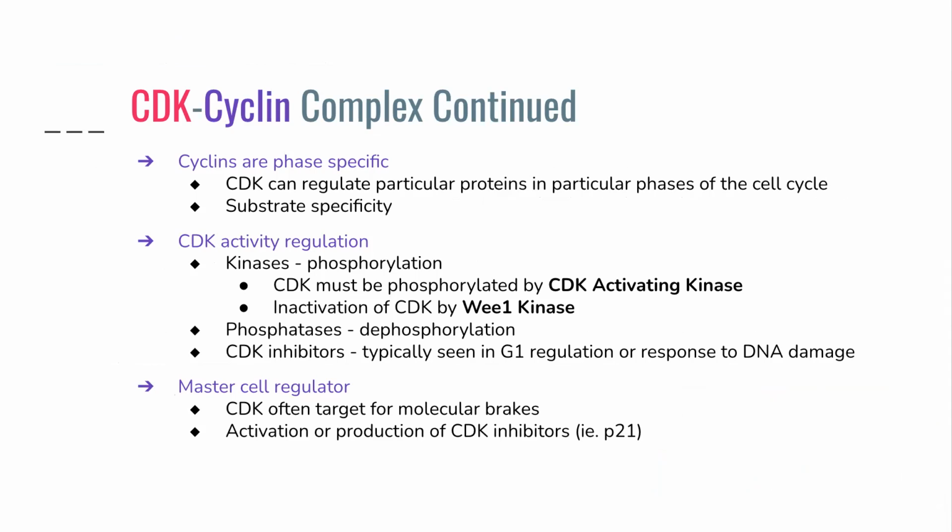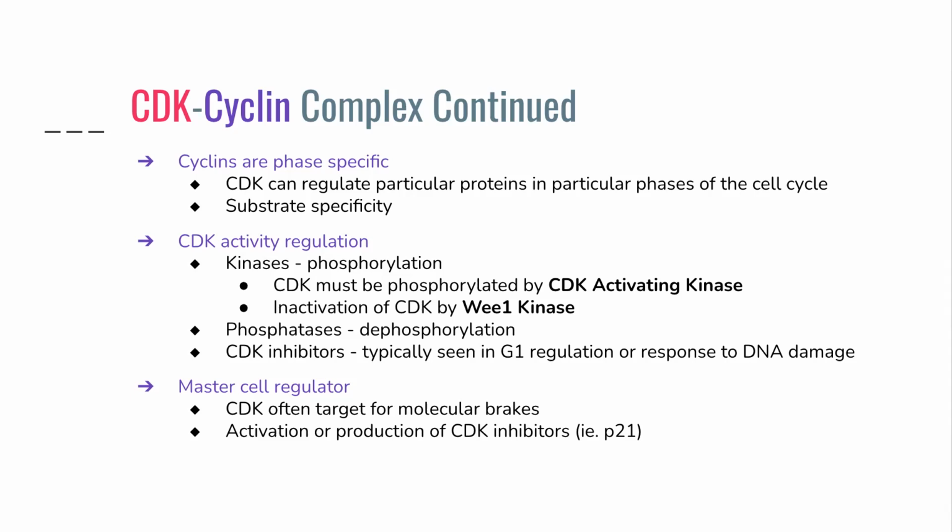CDK is regulated by phosphorylation by kinases. CDK must be phosphorylated by CDK activating kinase in order to function as a CDK, and it cannot have a phosphate from Wee1 kinase in order to be active. So when Wee1 has phosphorylated CDK, it's inactive.